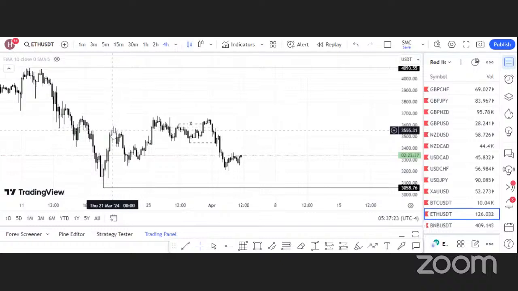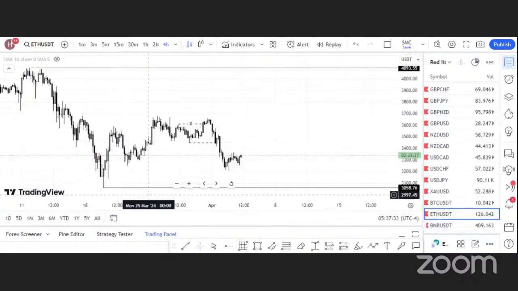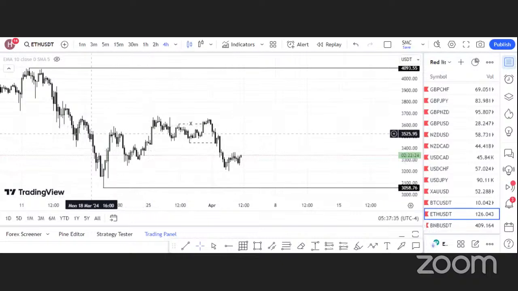But this is not a valid high, because when this high was created, the market was supposed to give us another low to validate this high. But instead, the market just made something that looks like retesting to continue the downtrend.